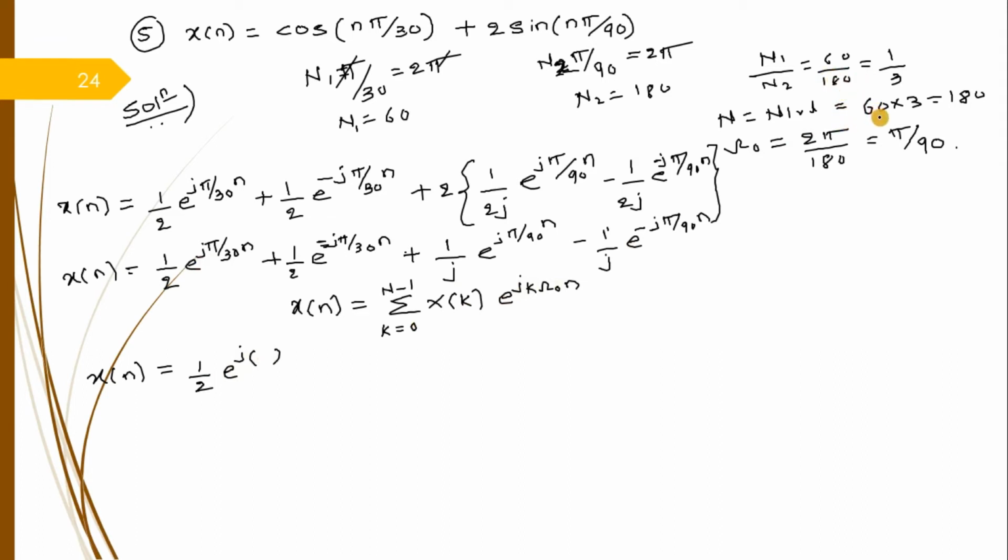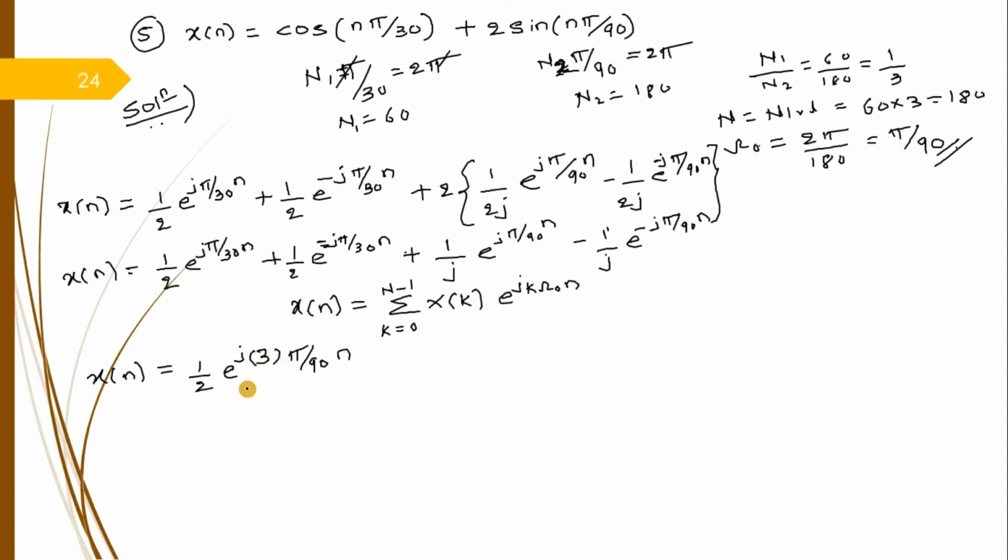Omega naught is pi by 90. I write pi by 90. Then n, I write it as n. But here I want it to be pi by 30. But according to the formula, I should have pi by 90. So what I am supposed to write here, in order to make these whole terms similar to this, is 3. Let me substitute 3 and check.